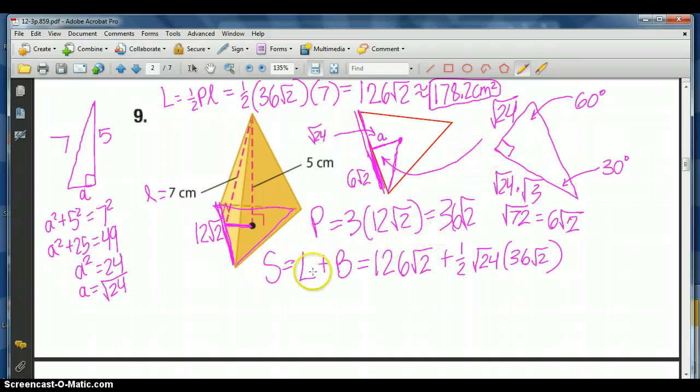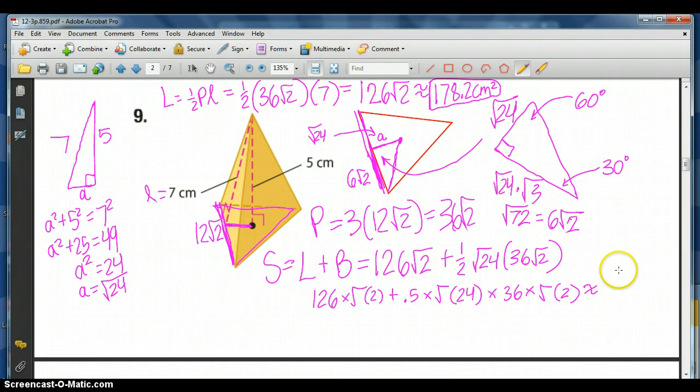So if I type all of this into my calculator, I'm going to take 126 times the square root of 2 plus half, or 0.5, times the square root of 24 times 36 times the square root of 2. And round that to the nearest tenth. And we should get 302.9 square centimeters.